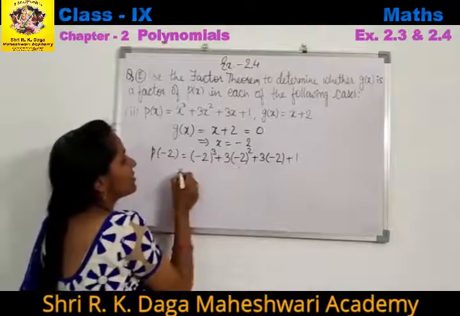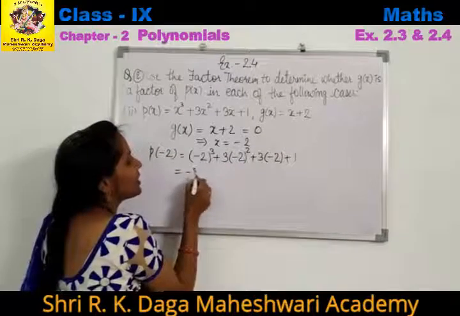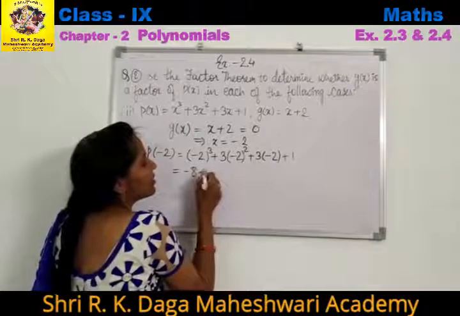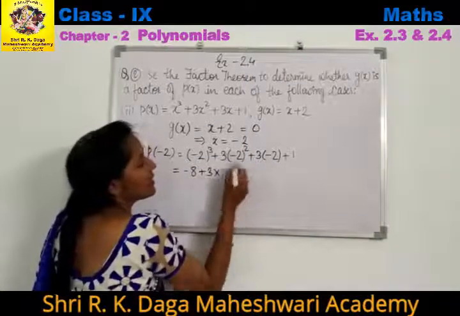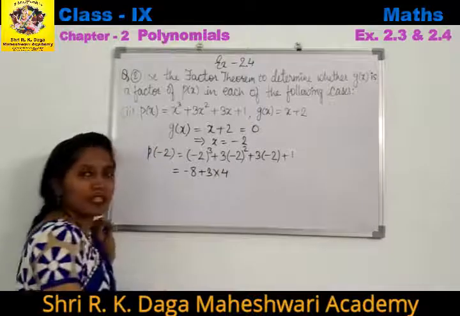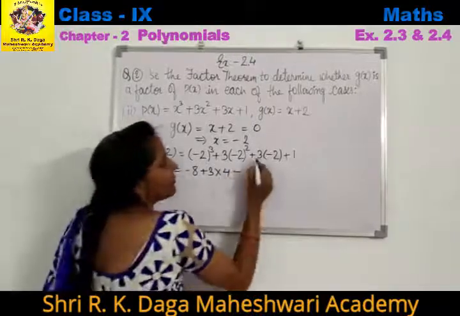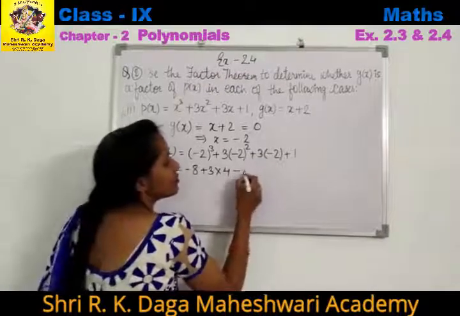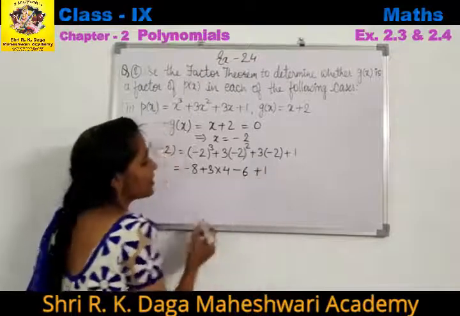Now solve these terms. Minus 2 cube is minus 8 plus 3 into minus 2 square. Minus 2 square is plus 4, plus into minus is minus, 3 2s are 6, plus 1.